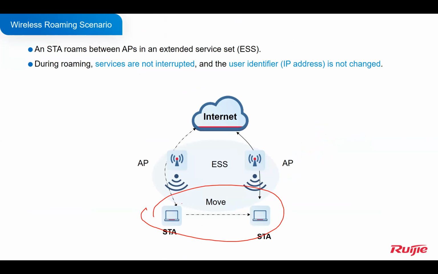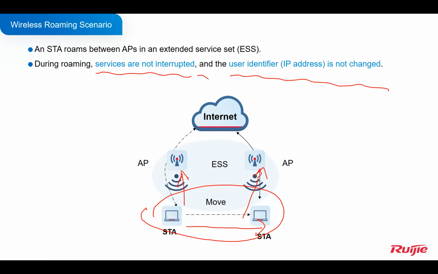First, the STA will associate with this AP, and then when the STA moves, it will associate with the other AP. But for this process, the service is not interrupted, and the user identity is not changed.